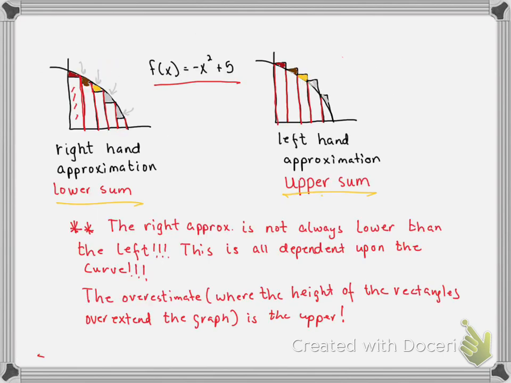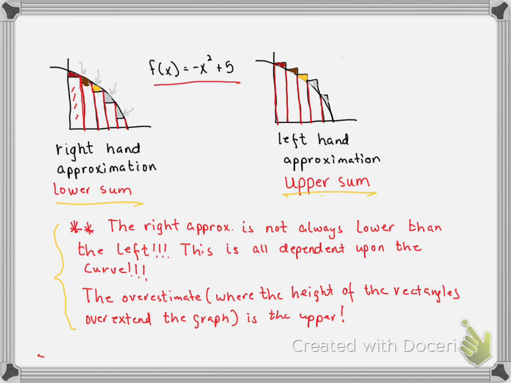One thing I want you to make a very intentional note of: the right-hand approximation is not always the lower sum, and the left-hand approximation is not always the upper sum. It all depends on what the curve looks like.